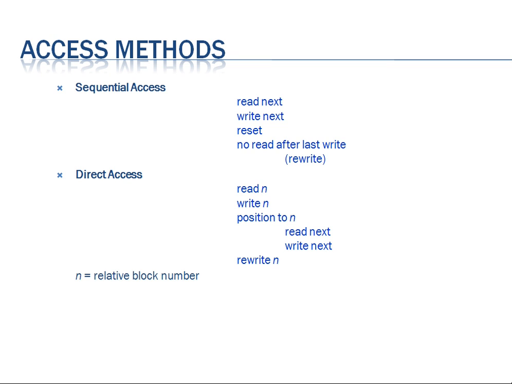We are simply going to one particular block and performing the read operation from there. Similarly, write operation can be carried out in the same manner. Then we can position to n. We can again go back to a different relative block number, and then from there you can perform read next and write next. And then we can rewrite n.